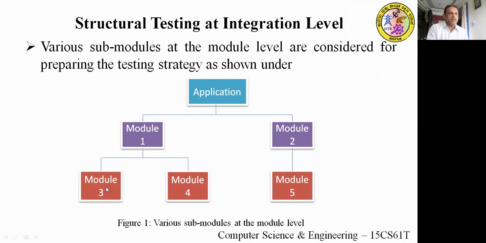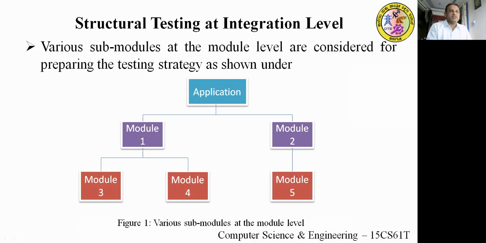Under module 1 are module 3 and module 4, and under module 2 you may have module 5. Under module 3 there are modules 6 and 7. Under 4 you may have only module 8, and under 5 you may have module 9, and so on. It may continue. You need to test every module, right from the parent node to all the children until you reach the leaf node. That is what we call structural testing at integration level.